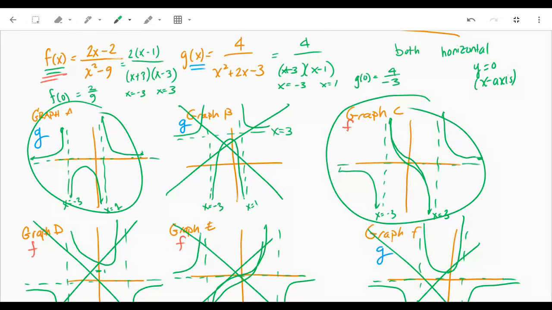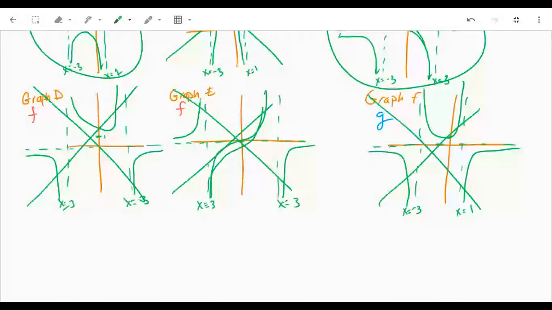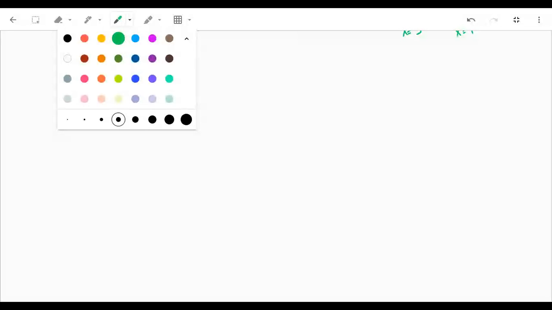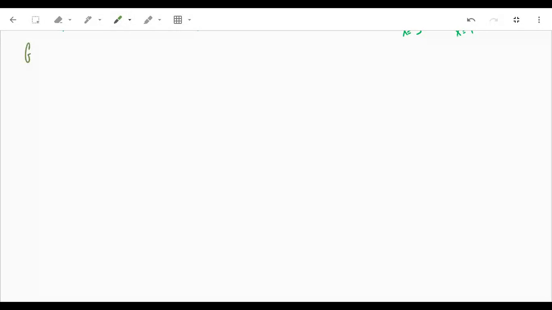Okay, let's move on to the next topic, which is graphing a rational function with more than one vertical asymptote.